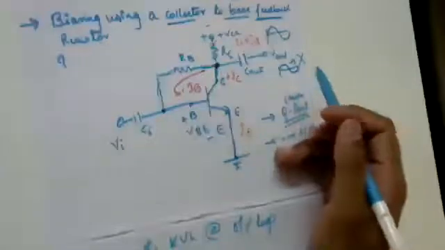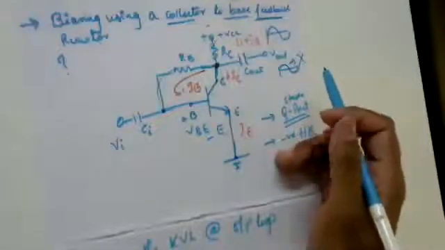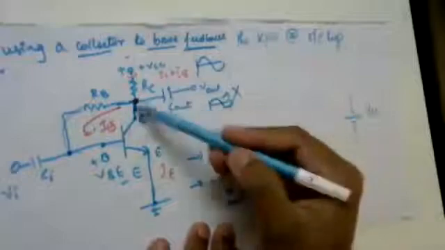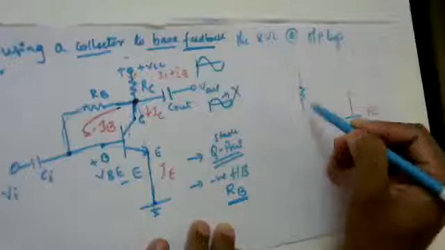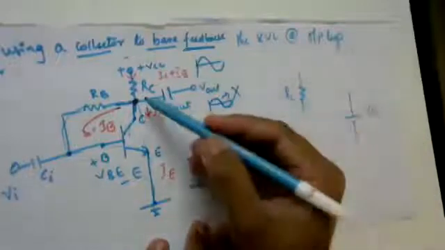If you want to develop the equivalent circuit for the same, you can draw it somewhat like this. This is your VCC, positive and negative, and keep it aside so that you can easily understand. After VCC, I have the resistance RC.